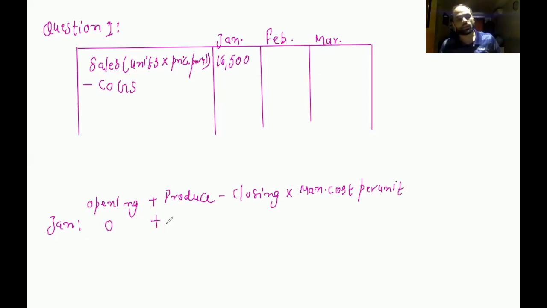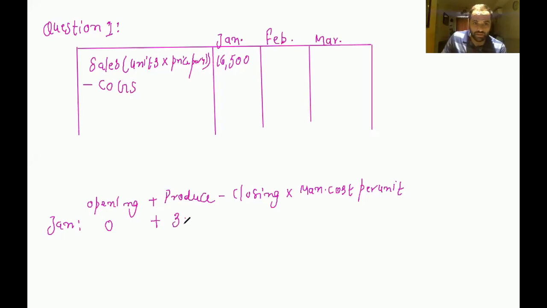Right? So opening is 0, right? How many we produce? Sorry, how many we produce? 3,000. I can't hear you very clearly. 3,000. We produce 3,000 units.